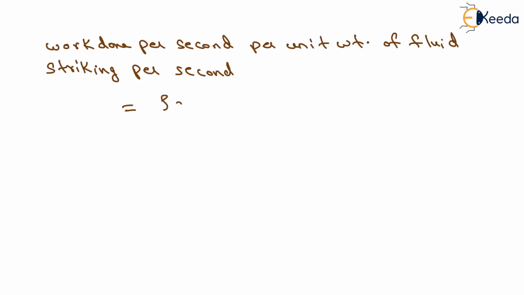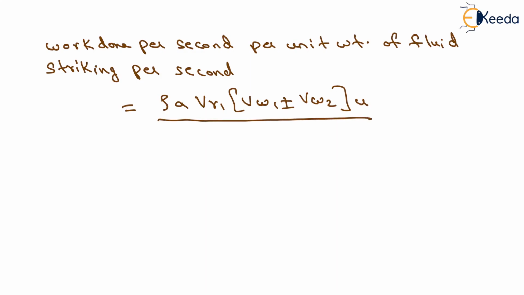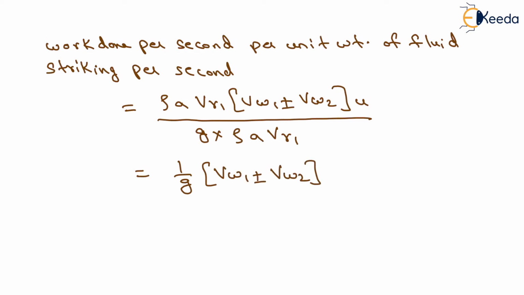So it will be equal to rho into A into Vr1 Vw1 plus minus Vw2 into u upon weight of fluid striking per second, that is g into rho into A into Vr1. So after solving this, we will have 1 by g into Vw1 plus minus Vw2 into u, and the unit will be Newton meter per Newton.